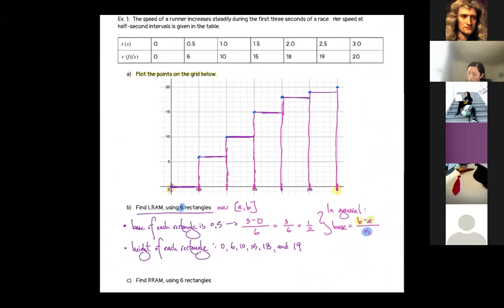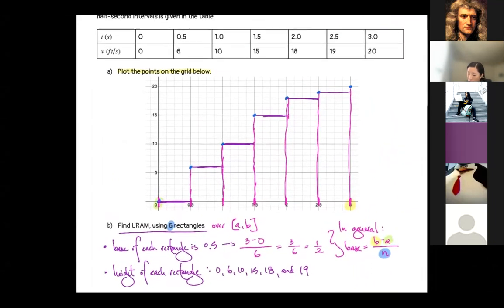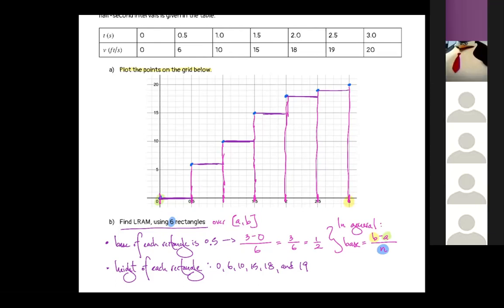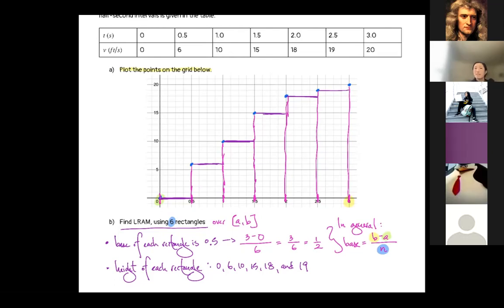Now, let's go back to our table for a moment. Where do we see those values? 0, 6, 10, 15, 18, 19. Where do we see those? Those are the velocity values.